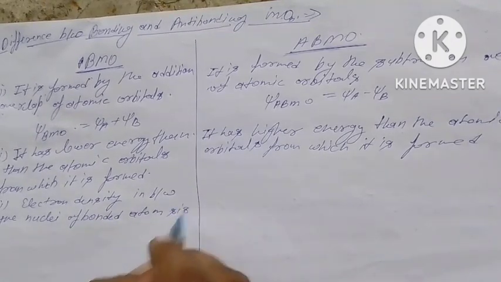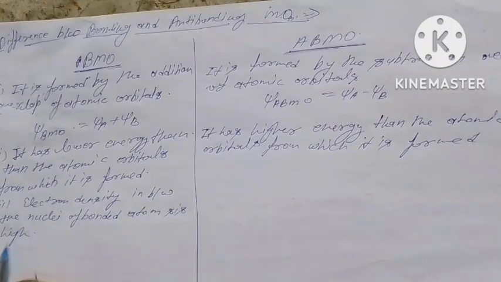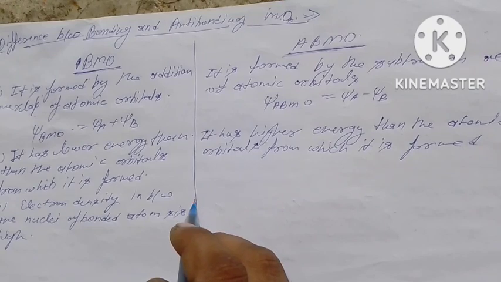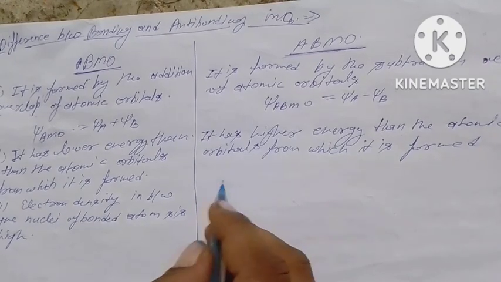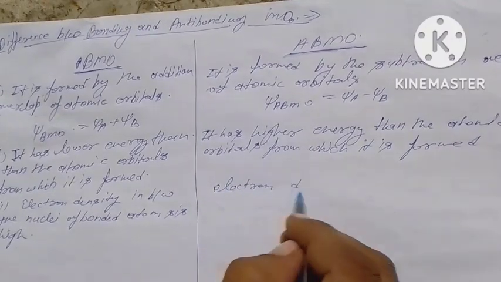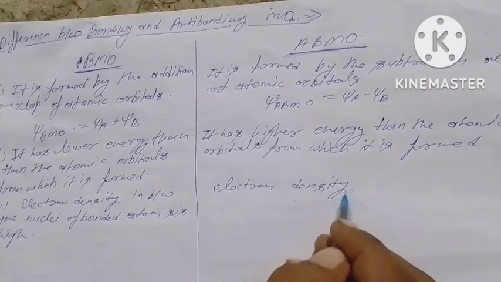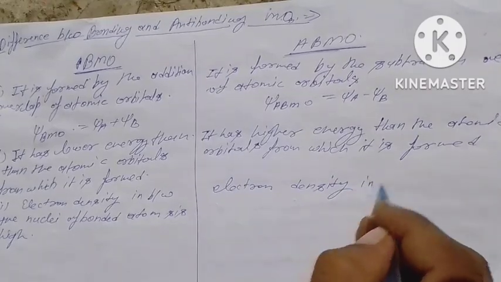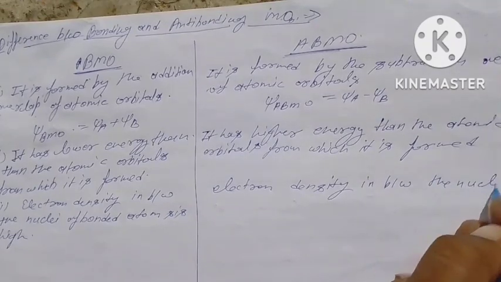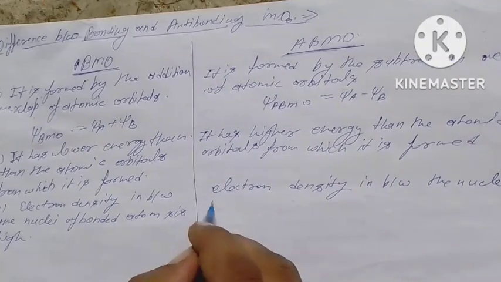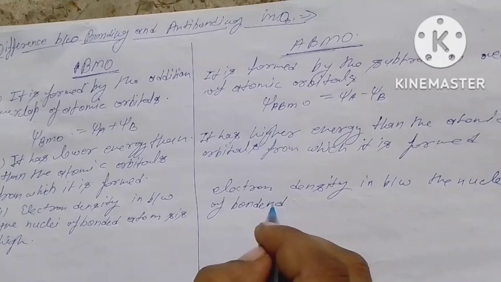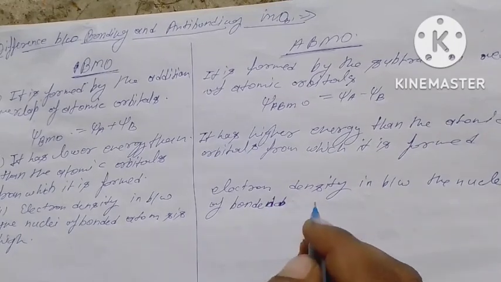In ABMO, the electron density in between the nuclei of bonded atoms is low.